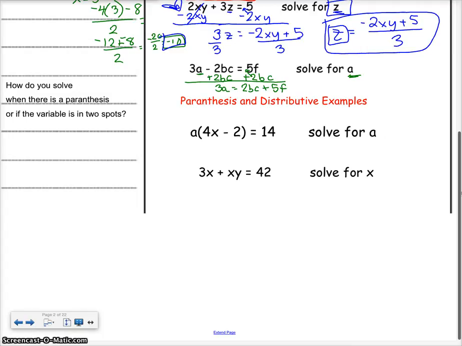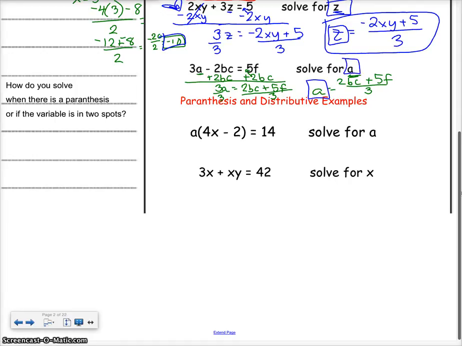It's a positive 5F. Now, how do I move that 3? Divide, because it's 3 times. So divide by both sides, and I get A equals 2BC plus 5F all over 3. And I know I'm done because I wanted A by itself, and A is by itself.